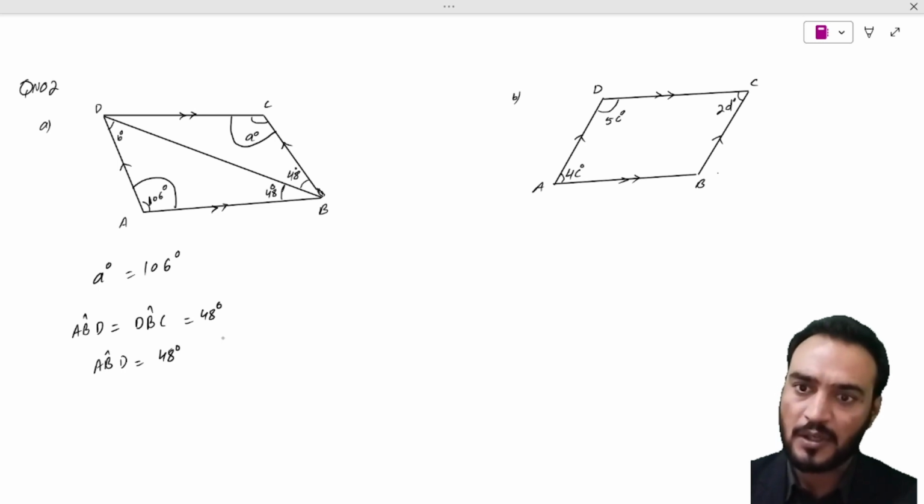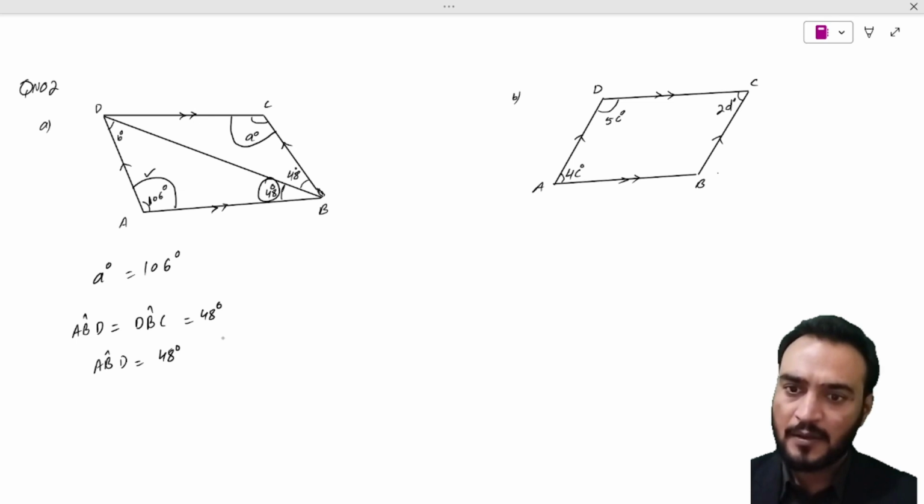It means angle ABD is equal to 48 degrees. Now we know two of the angles, one is 106 degrees and the other one is 48 degrees. We consider the triangle ADB. In triangle ADB, the sum of the interior angles, B degree plus 106 degrees plus 48 degrees, is equal to 180 degrees.